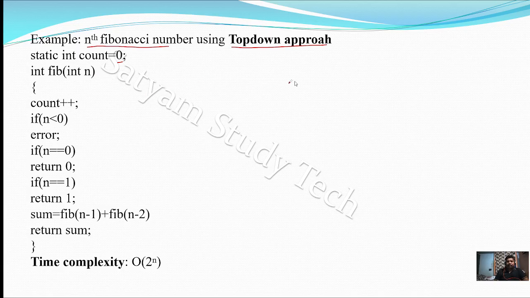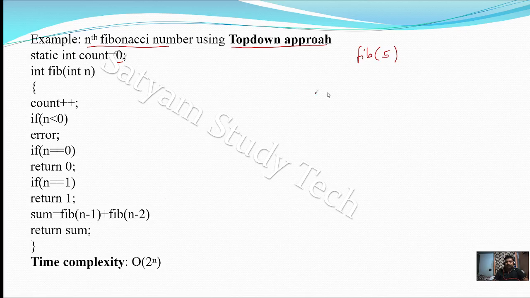Now for example, fib of 5, using the top down approach. You call with n equal to 5, so count is incremented by 1. If n less than 0, 5 less than 0, the condition fails. Then 5 equal to 0, no, and 5 equal to 1, no. Then sum equals fib of n minus 1 plus fib of n minus 2.